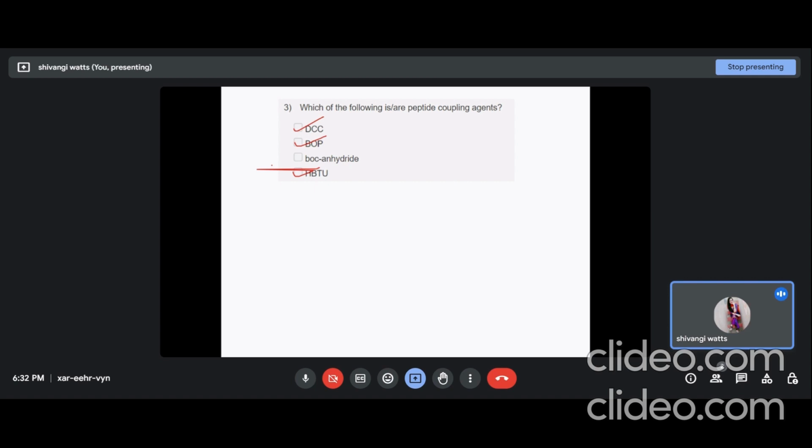Out of these four, DCC, BOP, and HBTU are the coupling agents. If you want to know the mechanism, you can see the mechanism for these also. So DCC, BOP, and HBTU are the peptide coupling agents.